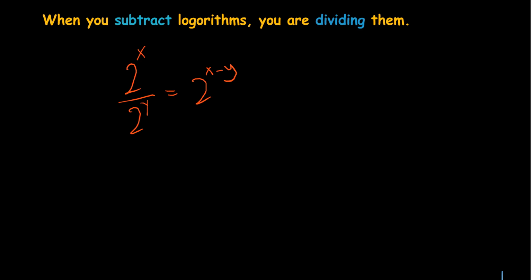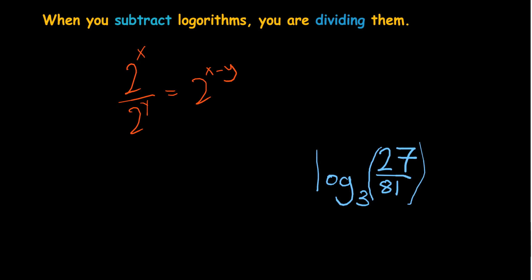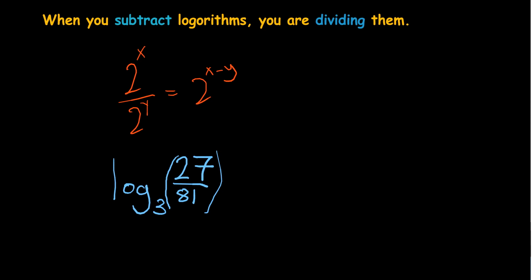So I'm just going to give a little example over here. Log base 3 this time of 27 over 81. So straight away you could simplify this fraction if you want, but I'm just going to take it in this setting before I do that.